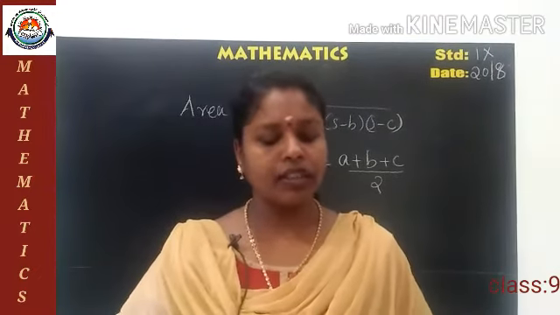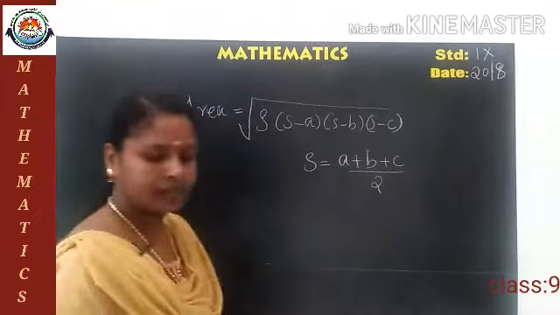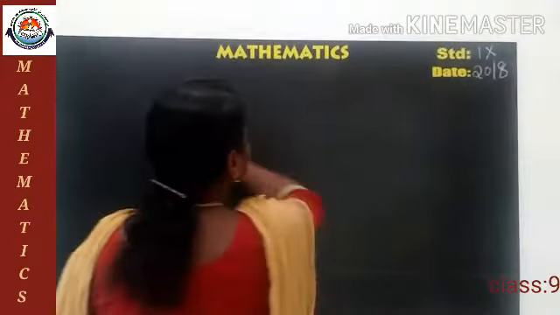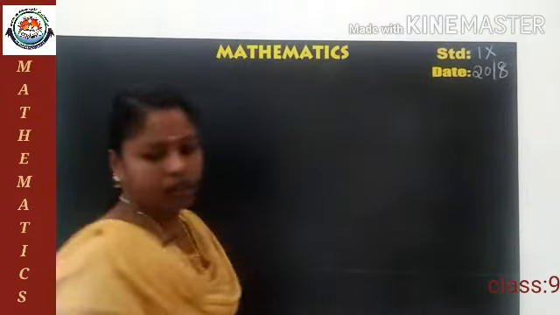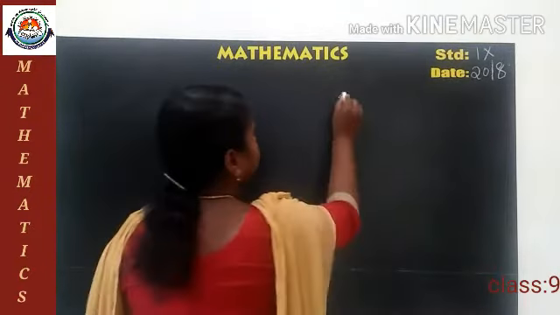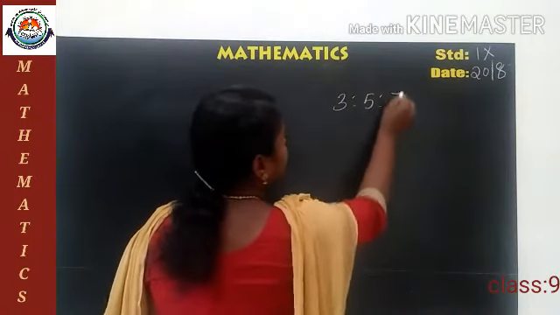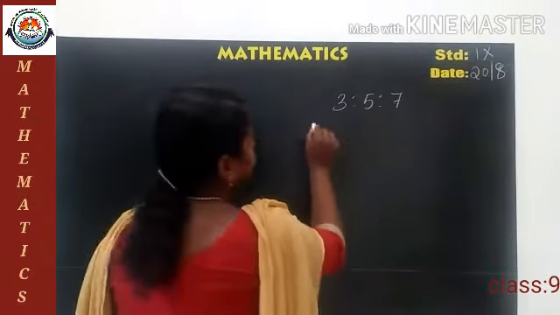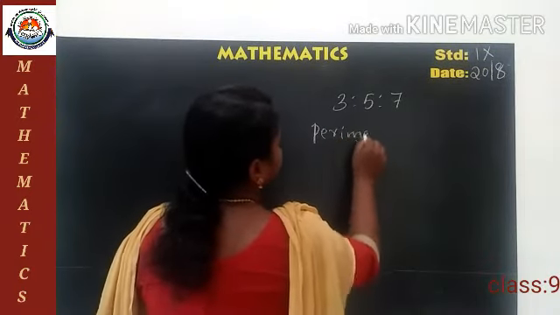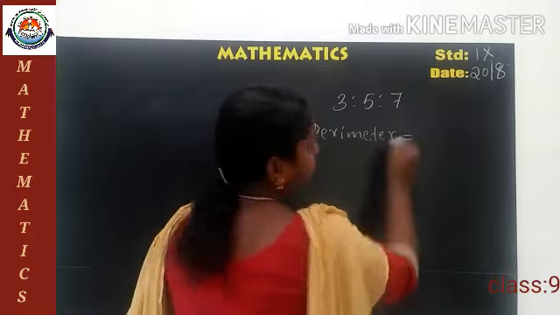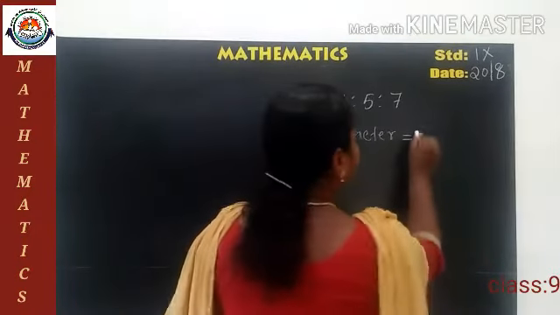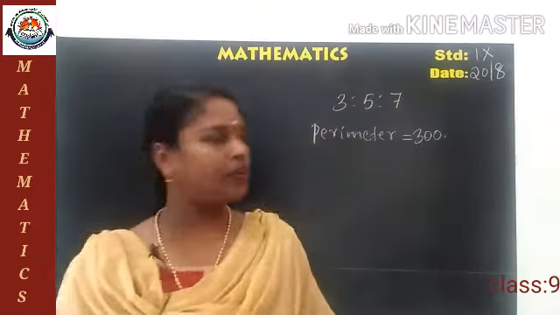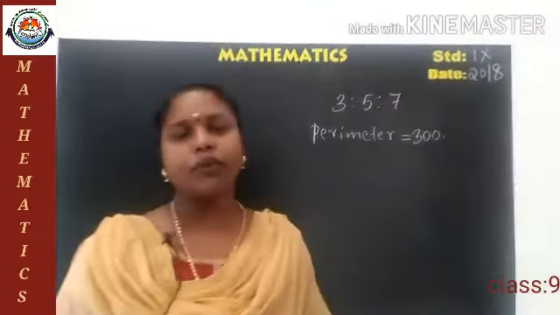The ratio between the three sides is given, and the perimeter is 300 meter.